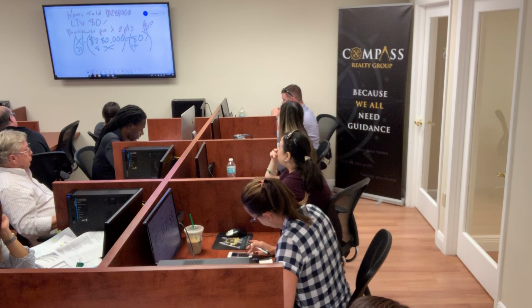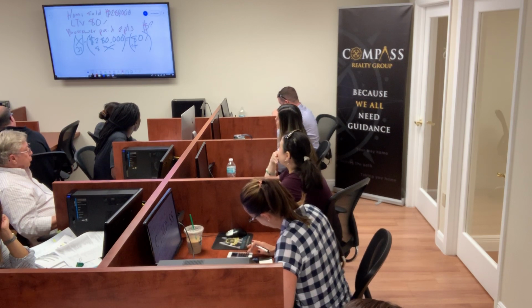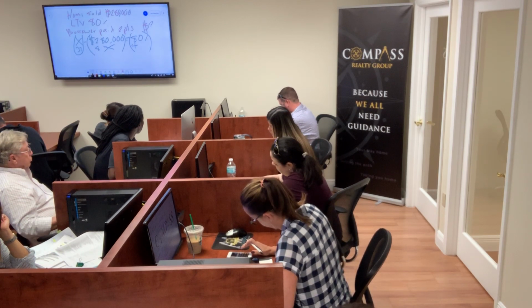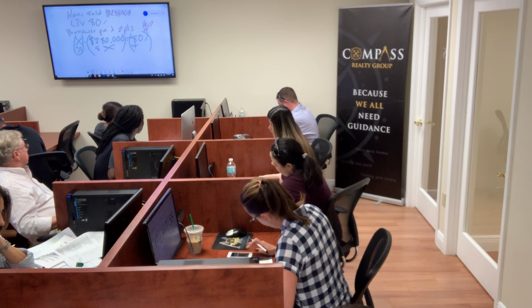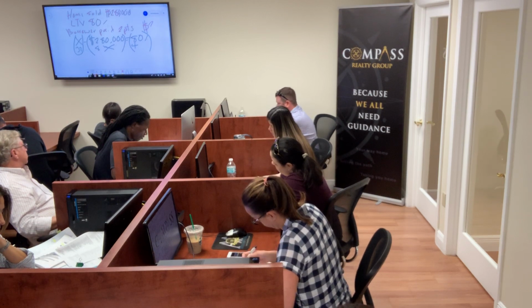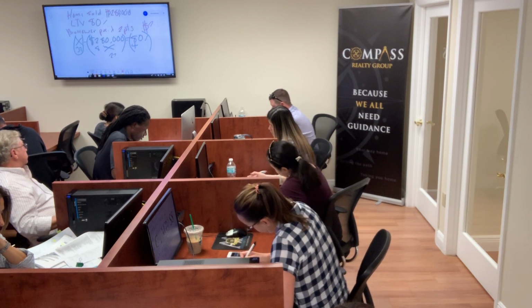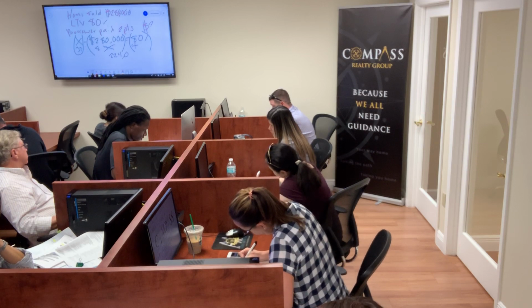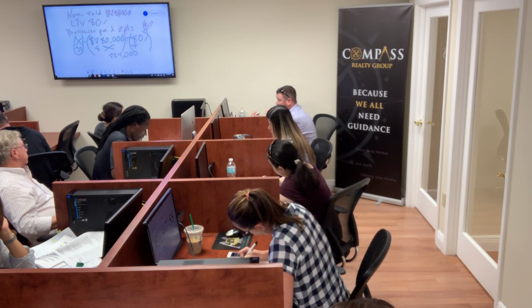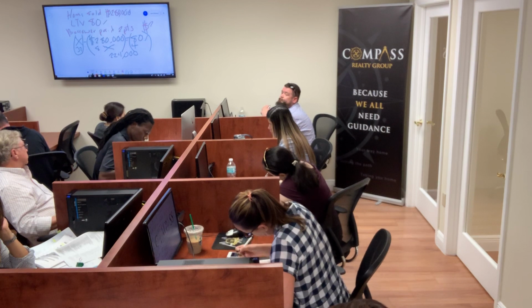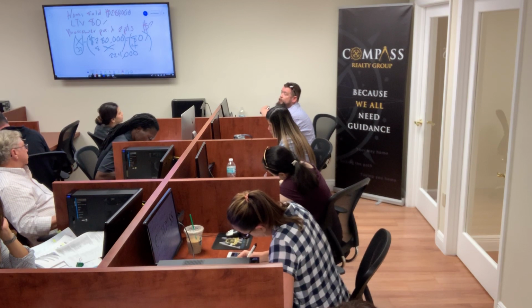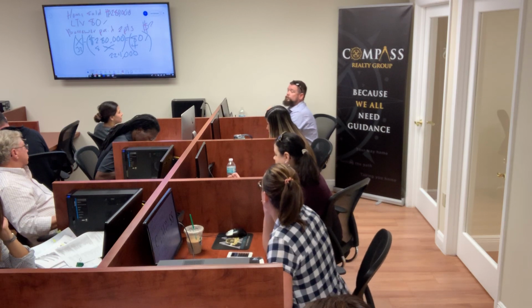So meanwhile, I'm going to find my loan amount. In this case, it's 280 times 80%, which gives me 224,000. How do I calculate the points? What do the points mean to you? It's 8 percent.